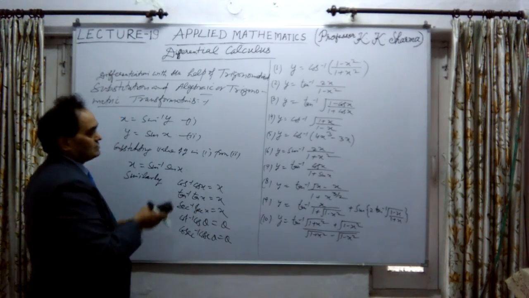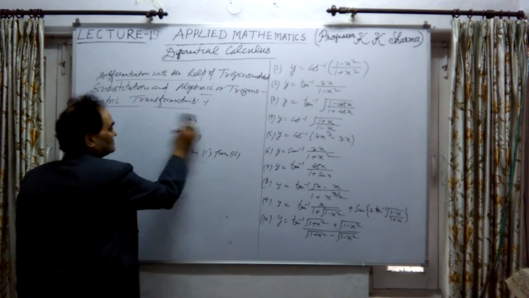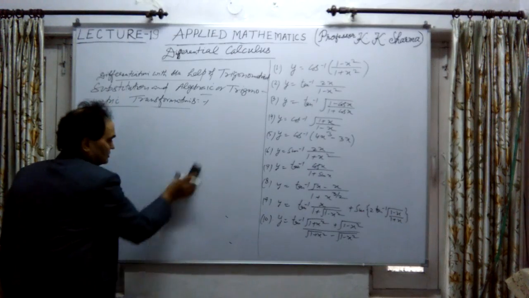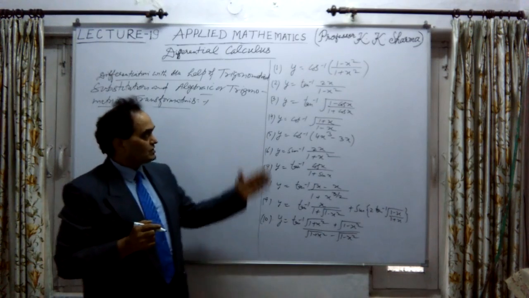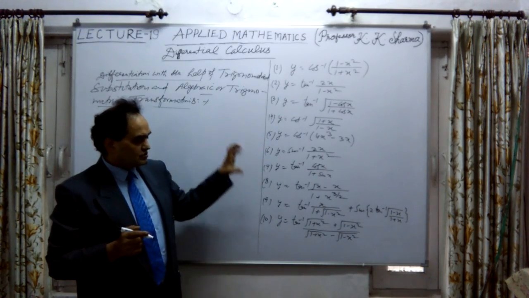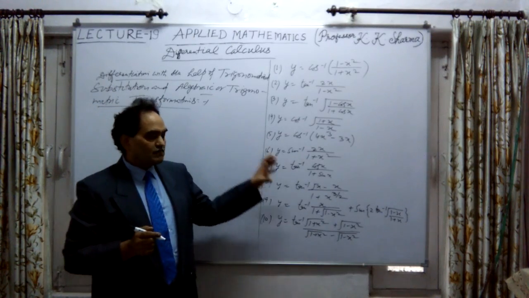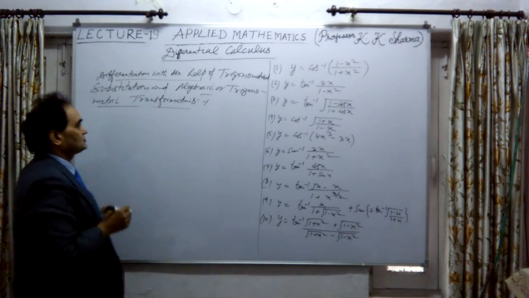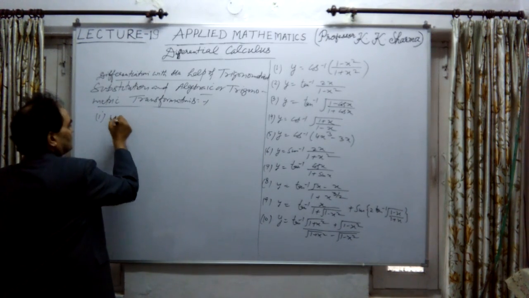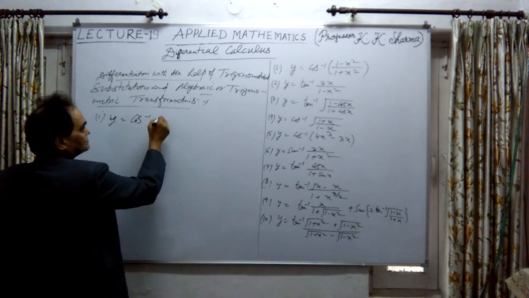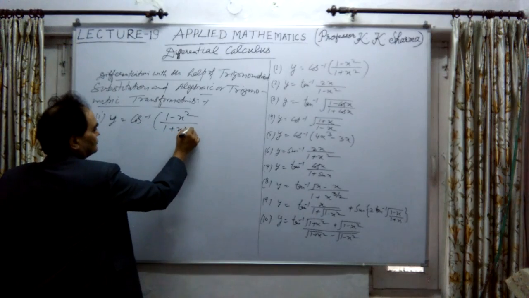Now let me solve those questions. How do we solve by trigonometric substitution or algebraic substitution? Let me take these questions one by one, written down so that I can illustrate how these substitutions are helpful. The first question: y equals cos inverse of (1 minus x square) upon (1 plus x square).